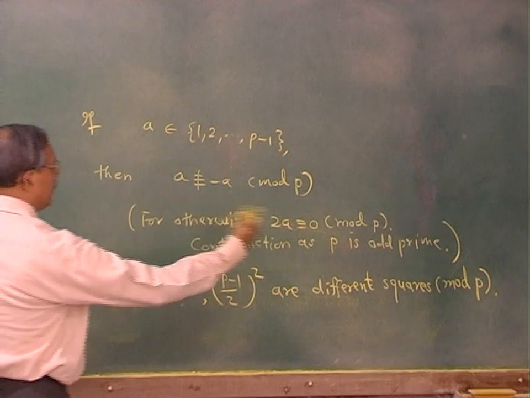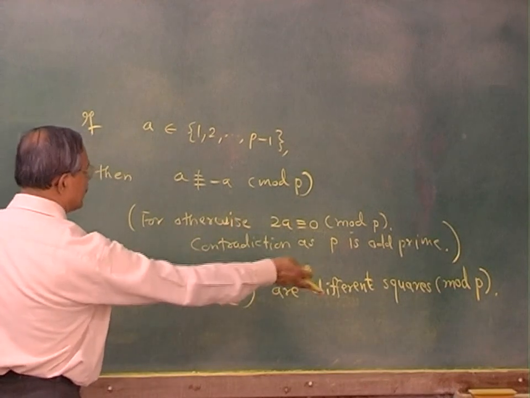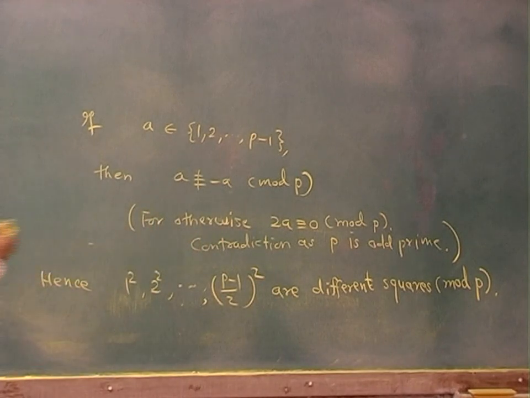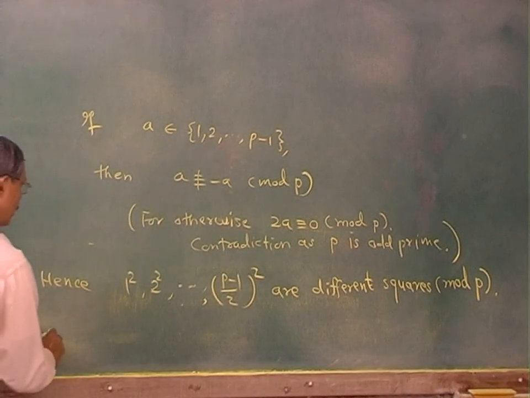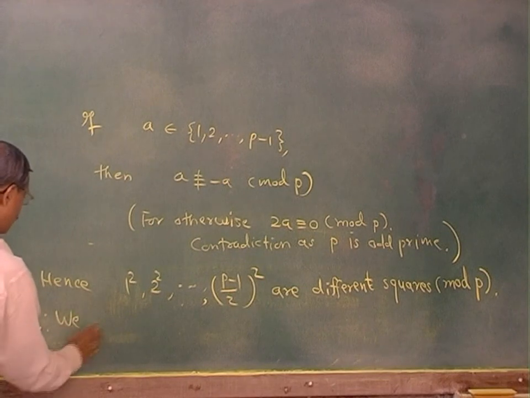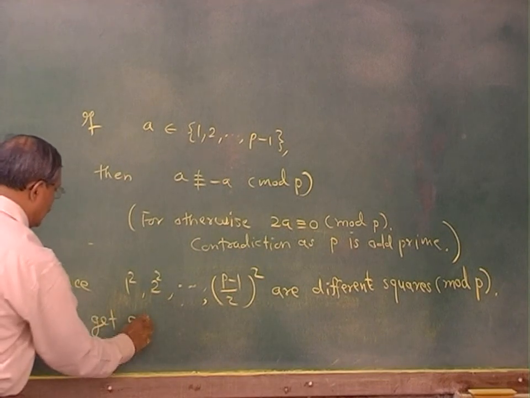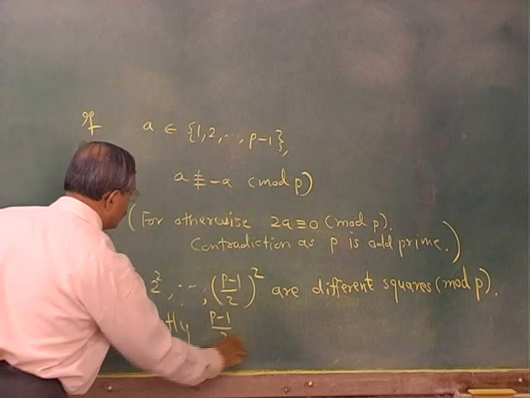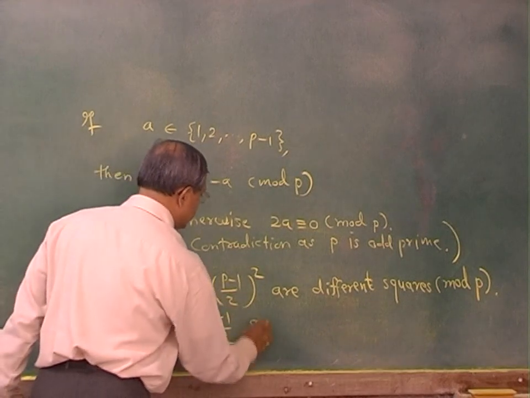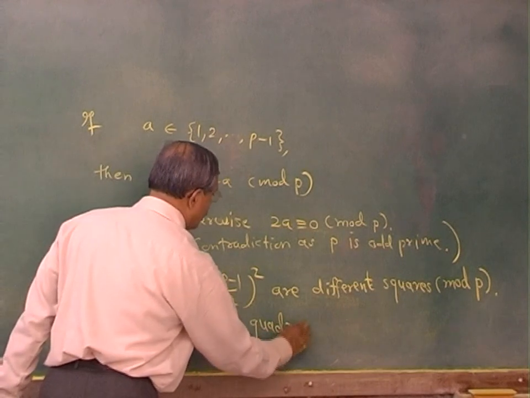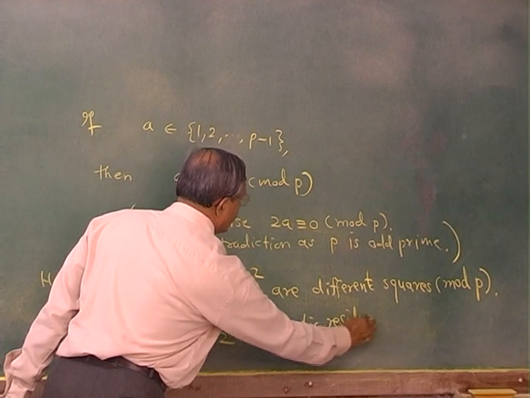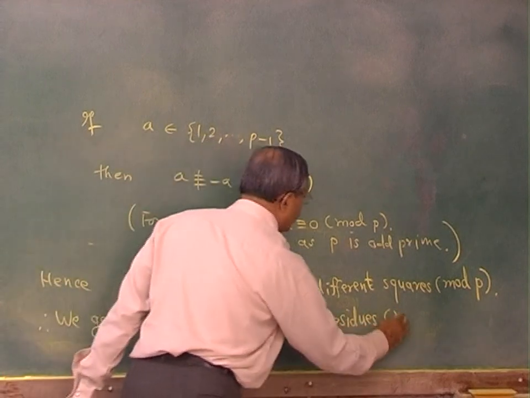So if you take the remaining numbers like (p plus 1) by 2 etc., they are like p minus i. So their squares are equal to one of these. And therefore, we get exactly (p minus 1) by 2 squares of quadratic residues mod p.